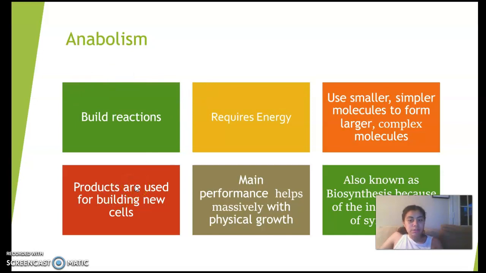Their products are used for building newer cells, and their main job is that they help massively with physical growth, and they are also known as biosynthesis. Anabolism is also known as biosynthesis because of the involvement of synthesis.